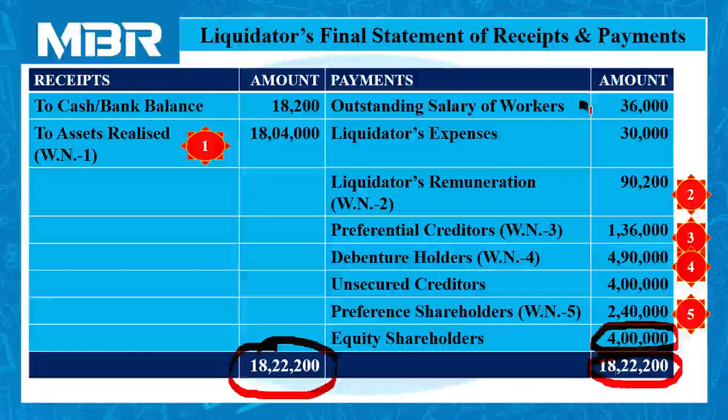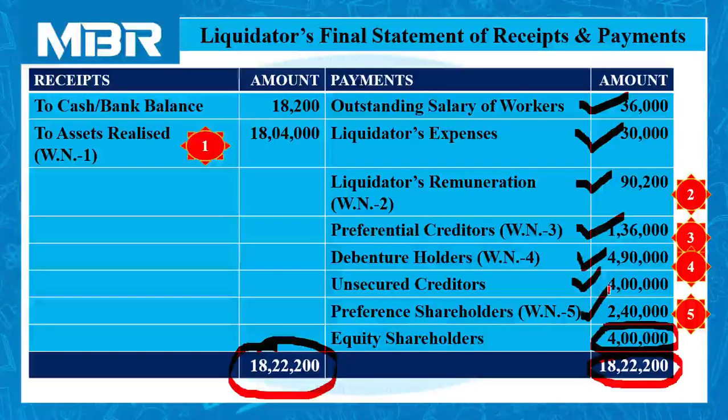Out of these 18,22,200, we have paid 36,000 as outstanding salary of workers, 30,000 to liquidators expenses, 90,200 as liquidators remuneration, 1,36,000 for preferential creditors, 4,90,000 for debenture holders, 4 lakhs rupees as unsecured creditors, 2,40,000 to preference shareholders.